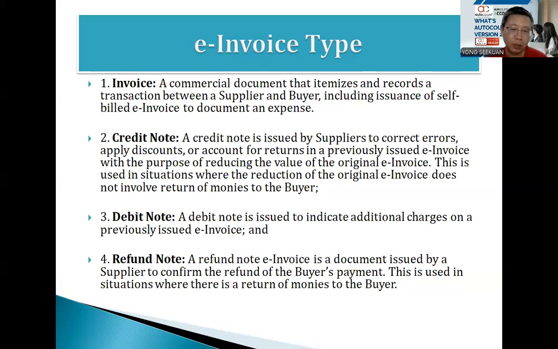Normally the refund note is for mini markets or some online platforms. For example, you cancel the order in Shopee, then Shopee will issue the refund to you. So that is a refund note, I believe.